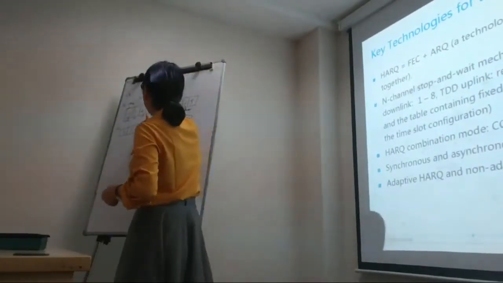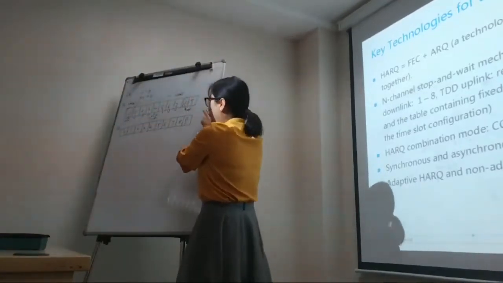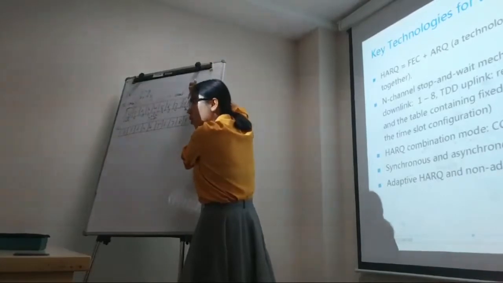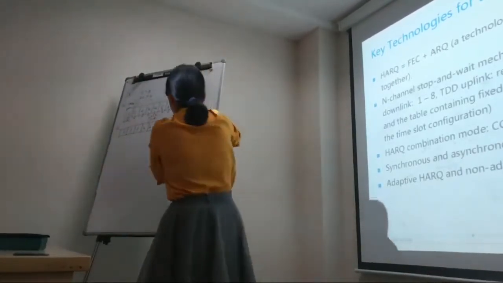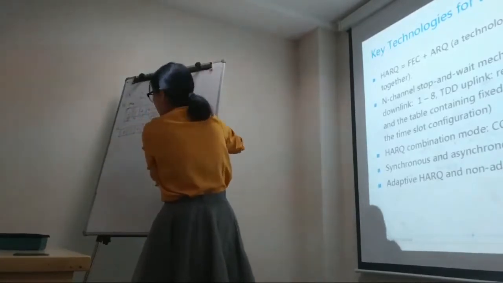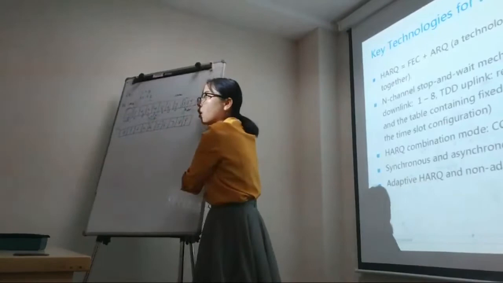If I feedback a NACK, I can use any subframes nearer than 8. So I can use 8 to retransmit, or also can use the next 0.